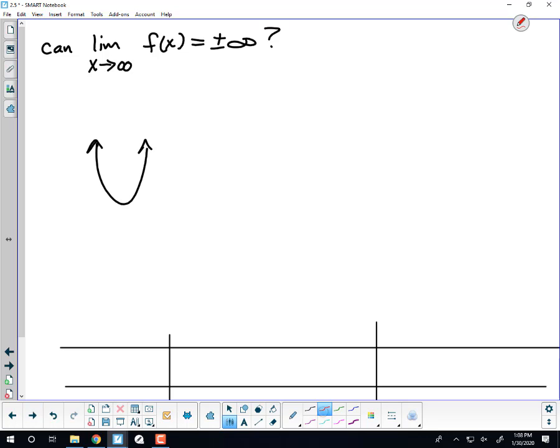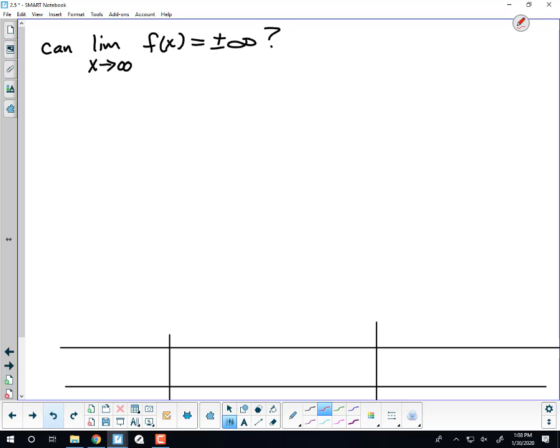No matter how far I go out in this direction, the function still is growing arbitrarily large. And no matter how far I go out in this direction, the function is arbitrarily large. So yeah, for sure, we've seen those types. What kind of functions do we call those? A quadratic is what type of function?